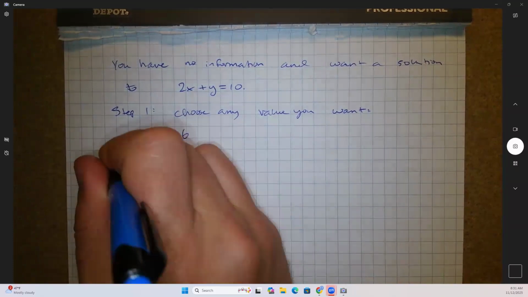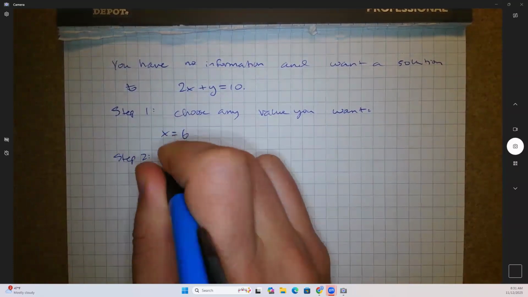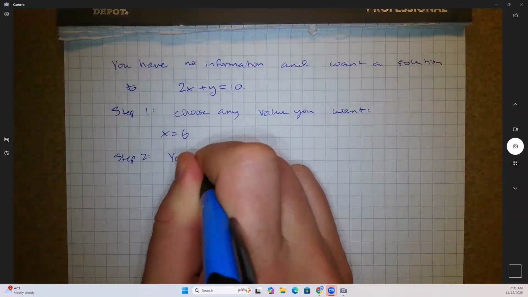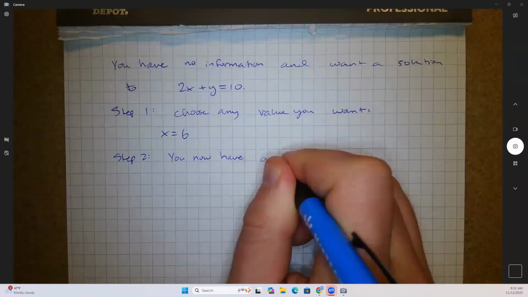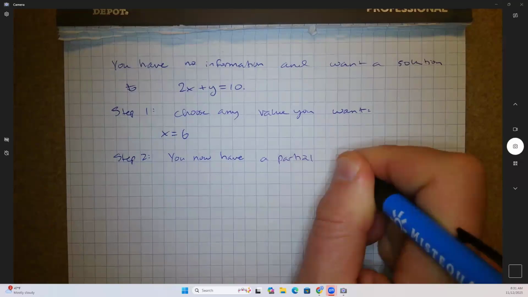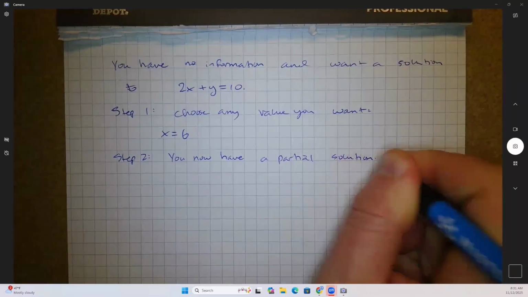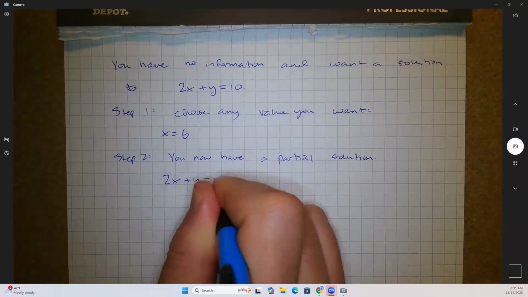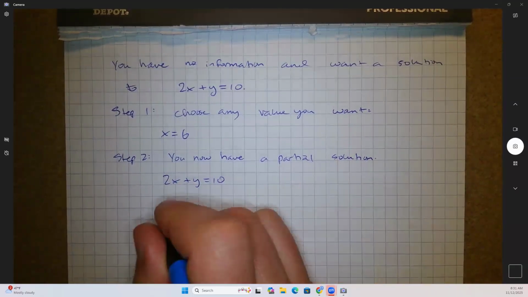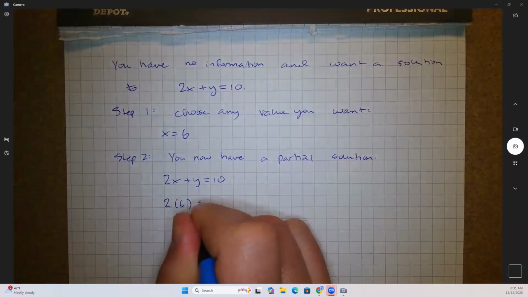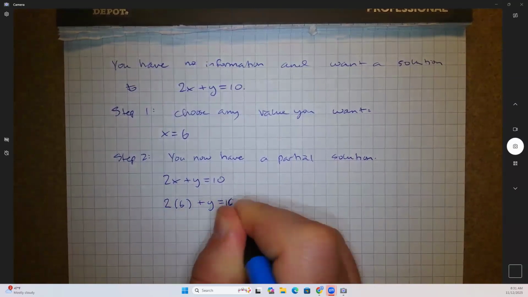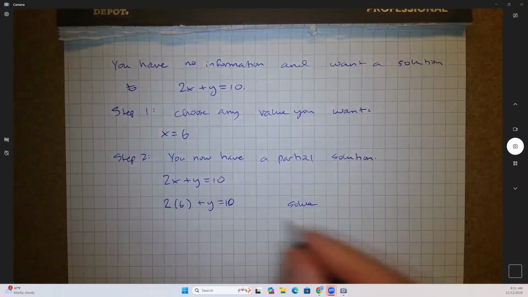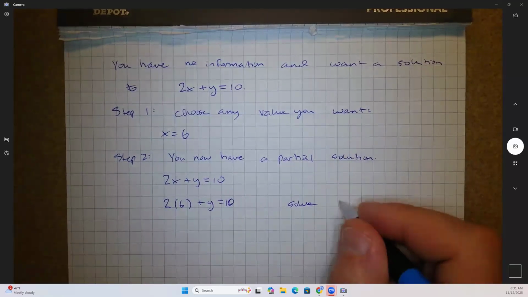And now we're back to where we were before. Step 2 is you now have a partial solution. So you take 2x plus y equals 10, and you substitute x equals 6. 2 times 6 plus y equals 10. And now we're back to a single variable equation.